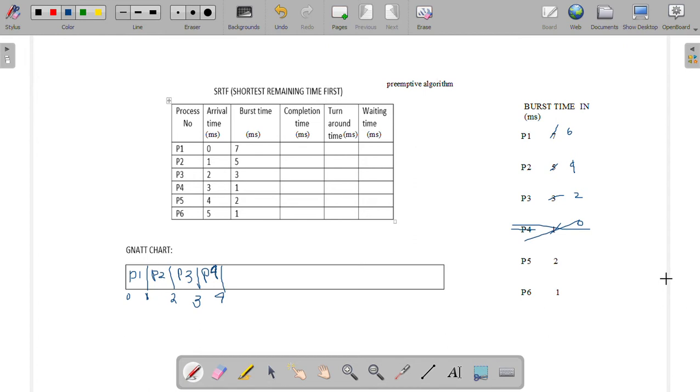So among P1, P2, P3, and P5, P3 and P5 have the same burst time. In that case, whichever of P3 and P5 has the earlier arrival time will be scheduled first. P3 has the earlier arrival time, so P3 will be scheduled first.